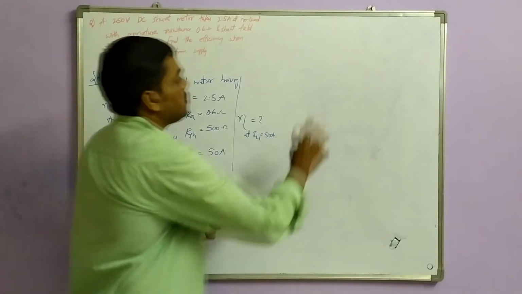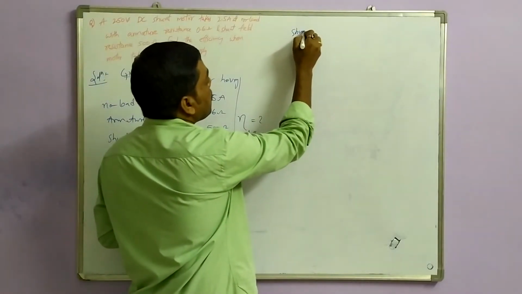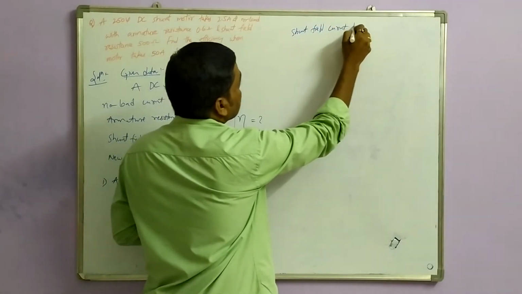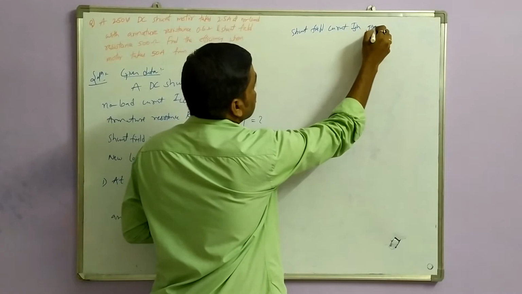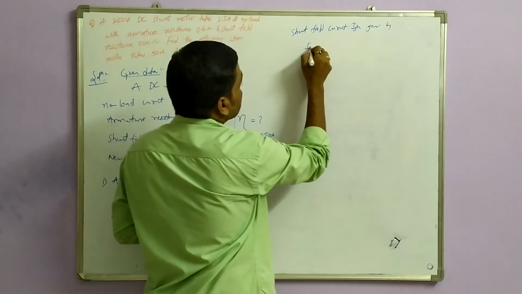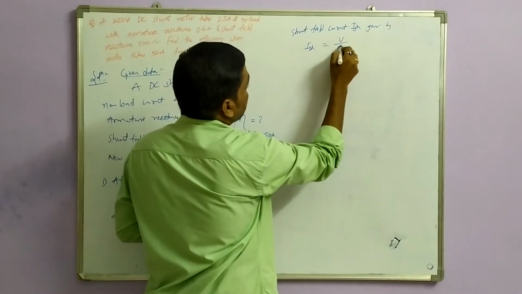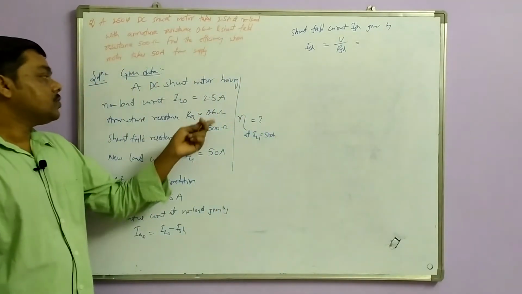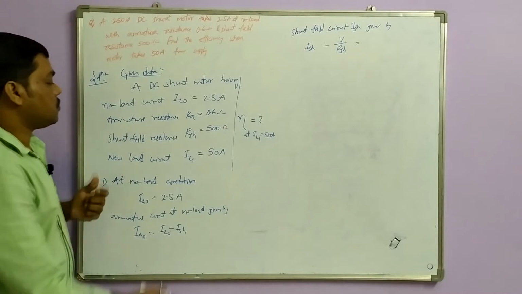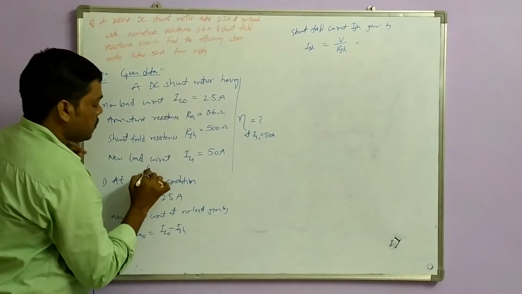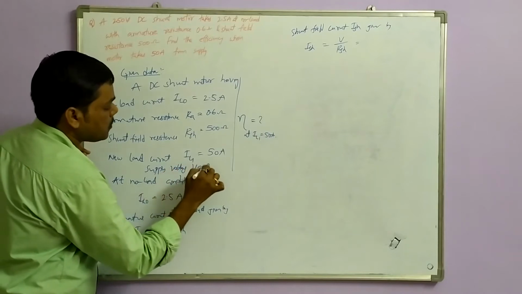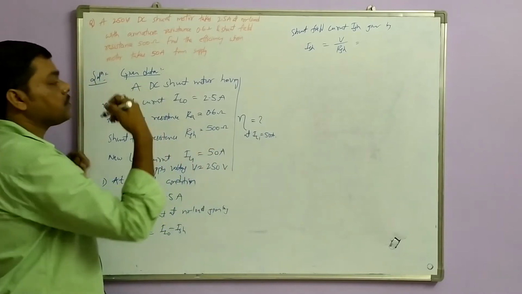Now the shunt field current ISH is given by ISH is equal to V by RSH. What is the V value? The supply voltage, which we have not written in the given data, so V is equal to 250 volts.